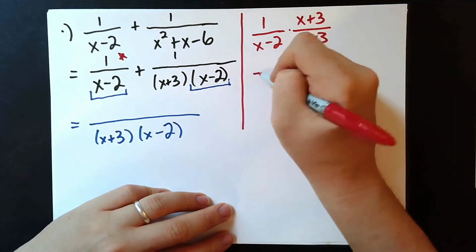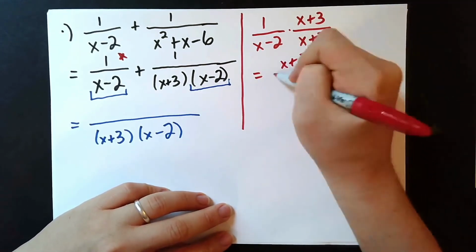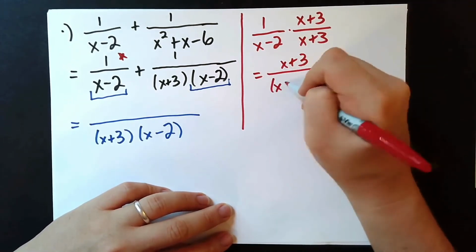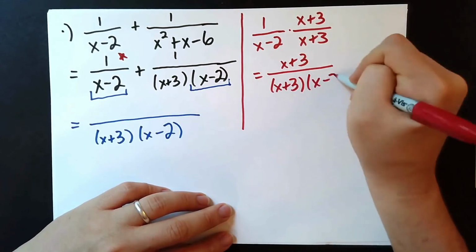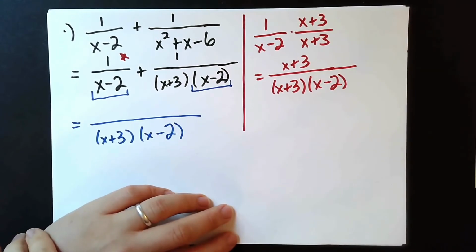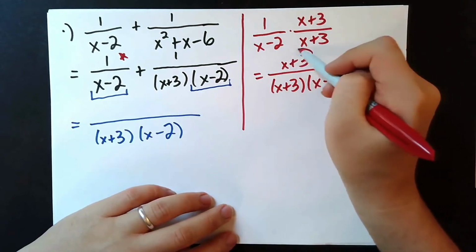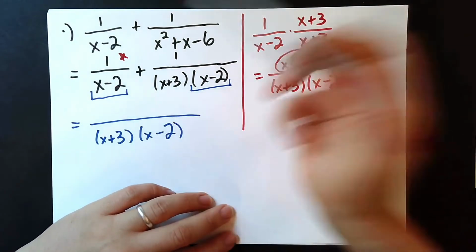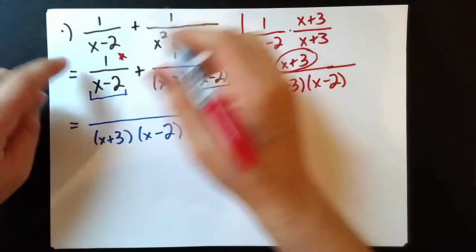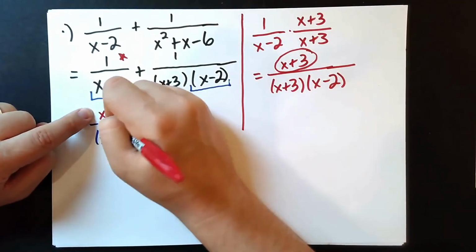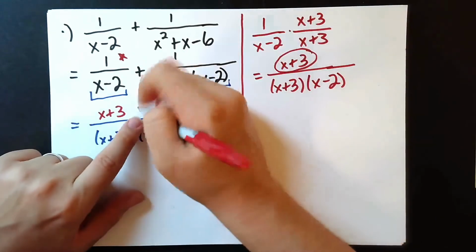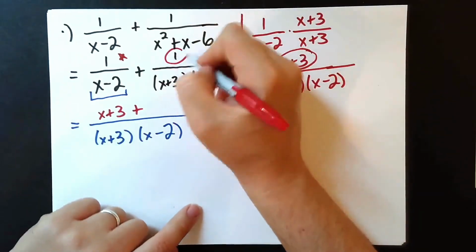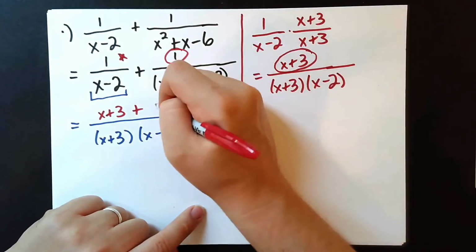And so that will give me x plus 3 divided by x plus 3 times x minus 2, like that. So that is my new way of writing this fraction here. And so now when I go to copy this down, I'll say, okay, so this is x plus 3 plus, and then this 1, it's already over the right denominator, so I can just copy it down anyway.